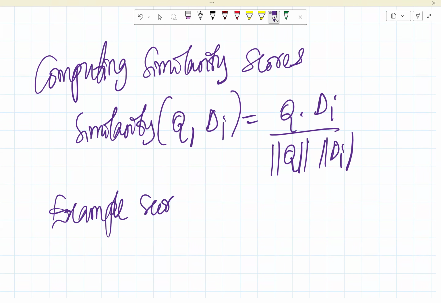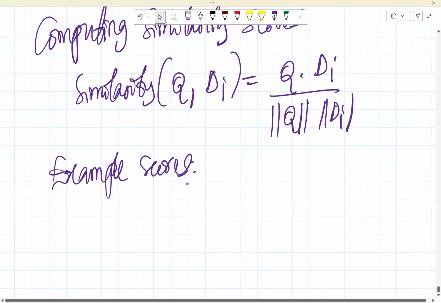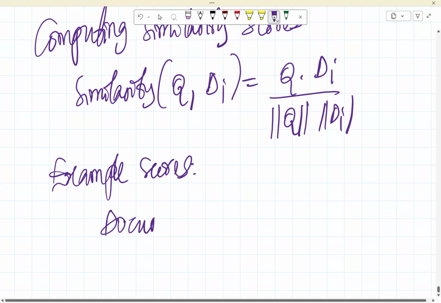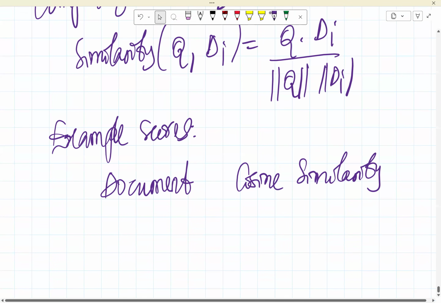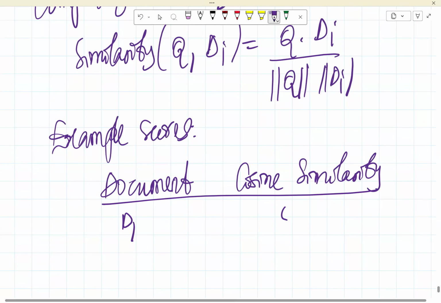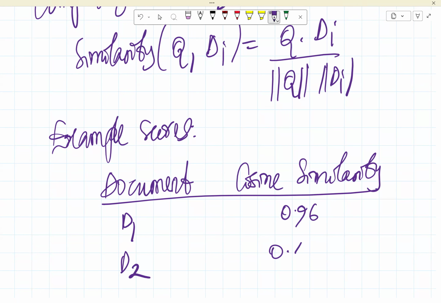Example scores. You have your query and the documents, and you have cosine similarity. That's D1, 0.96, D2, 0.42.